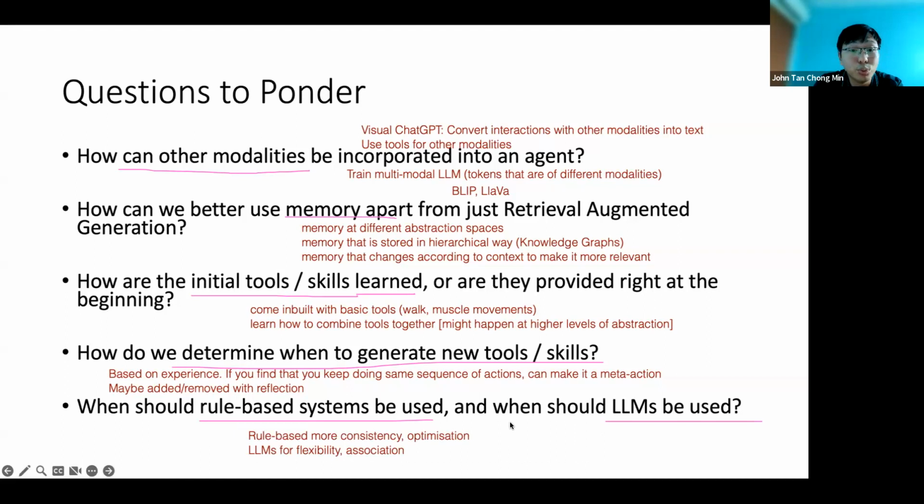LLMs can interact with tools that are more rule-based, or there can be a way to check the output of your agent in a more rule-based fashion, to make sure that it adheres to certain guidelines. For example, if you want it to cite certain sources, you can use a rule-based method, or you can just use another LLM to make sure that the sources it cites are accurate. So you should combine both of them together, using each one for its strengths.